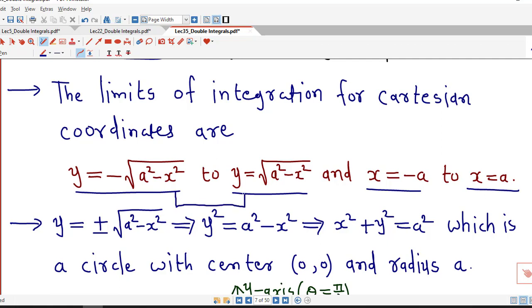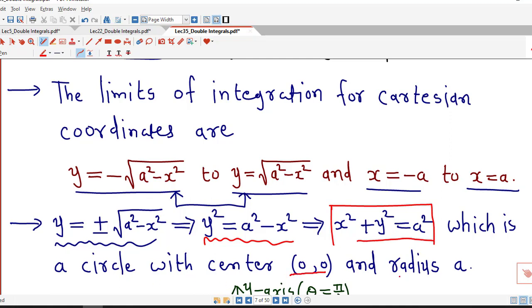So these two we can write in a single expression as y equal to plus or minus square root of a square minus x square, and if we take square on both sides we have y square equal to a square minus x square, and that we can rewrite as x square plus y square equal to a square. So this is a circle with center origin and radius a, and these two are lines parallel to the y-axis: x is minus a and x is a.